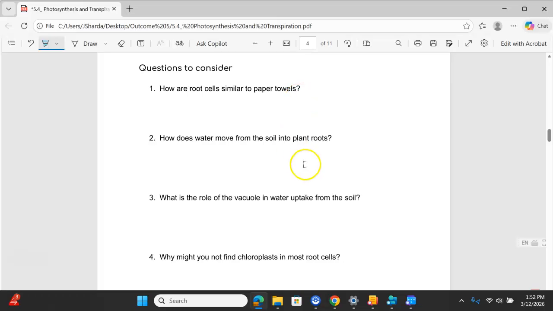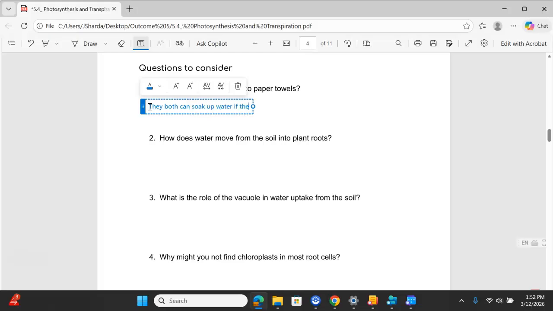All right, questions to consider. How are root cells similar to paper towels? Well, they both soak up water if they are dry. A paper towel can also be wet, but it's not going to soak up as much water. Simple answer.